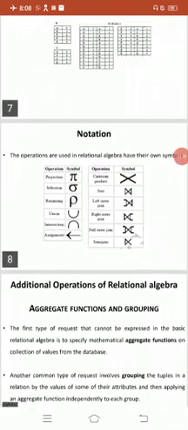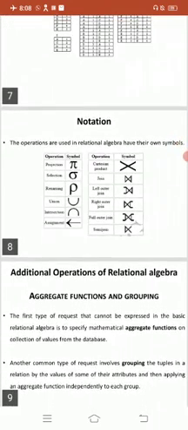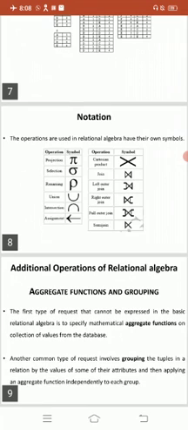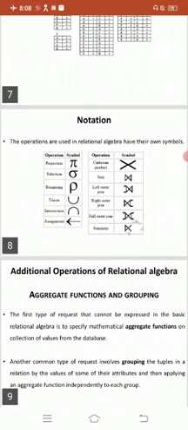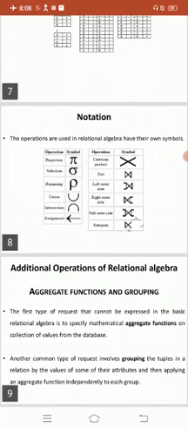The operations used in relational algebra have their own symbols: projection, selection, renaming, union, intersection, assignment, Cartesian product, join, left outer join, right outer join, full outer join, and semi join symbols.